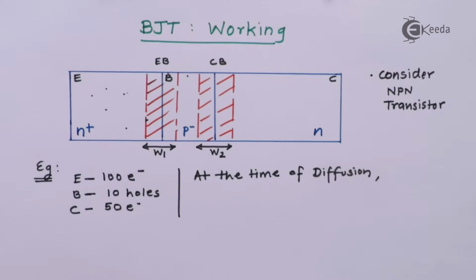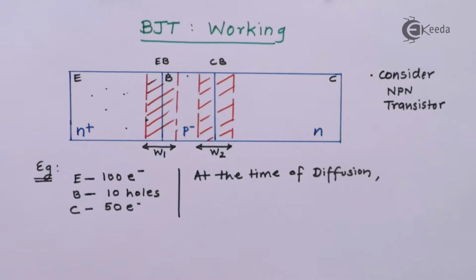When they enter the P region, they will realize that in this base region we have only 10 holes. So only those electrons having a very large amount of energy will occupy that space, that is, the deficiency of electron called a hole. It's like an empty chair filled by a man, called electron hole recombination, and that process is nothing but diffusion in this case, when no external bias potential is applied.